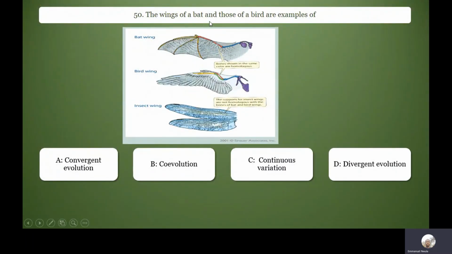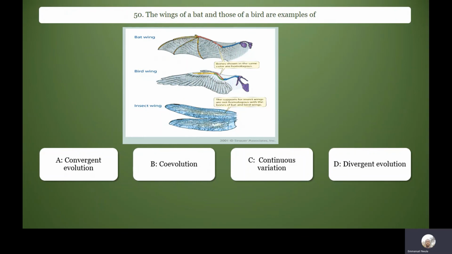The wings of a bat and those of a bird are examples of convergent evolution. When we are talking about convergent evolution, we are looking at two structures that are performing the same function, even though they are from organisms that are distantly related. They are not of the same ancestors, but they now have parts that are performing the same function.